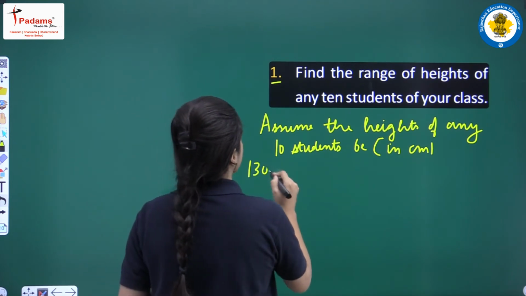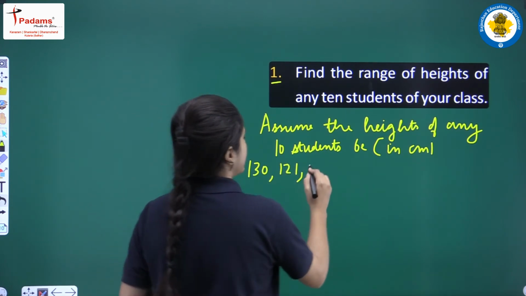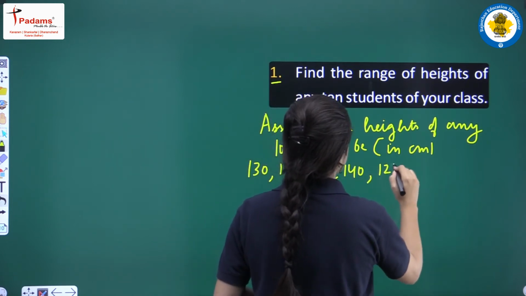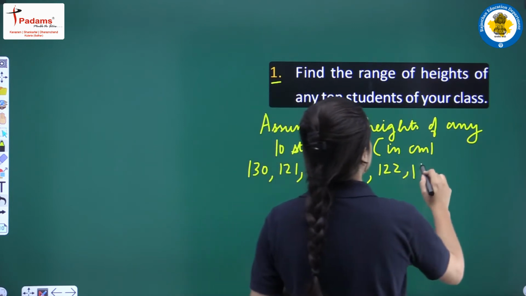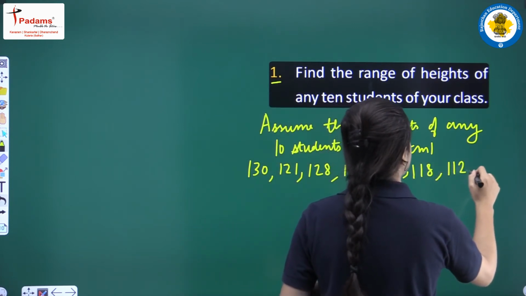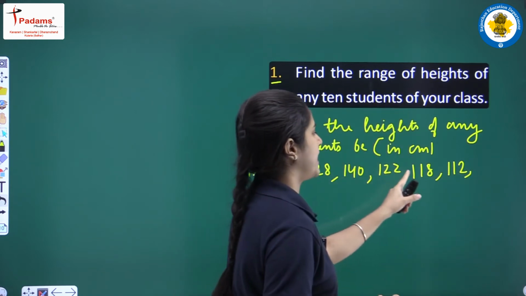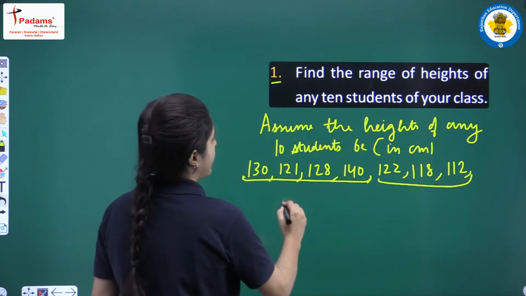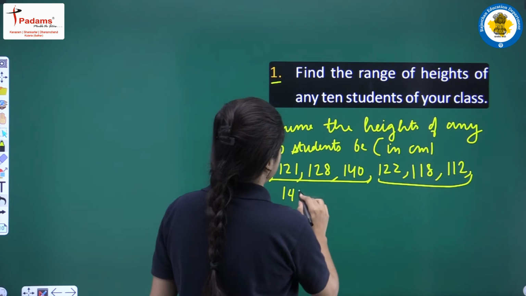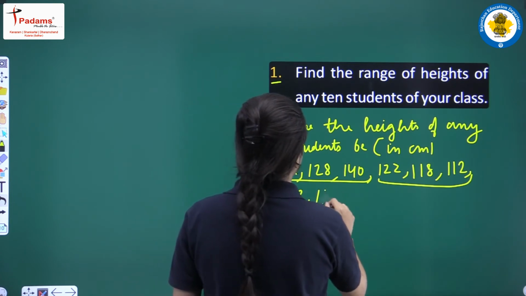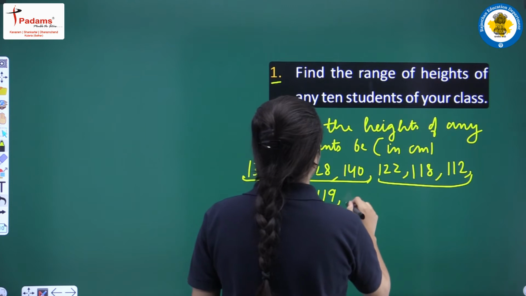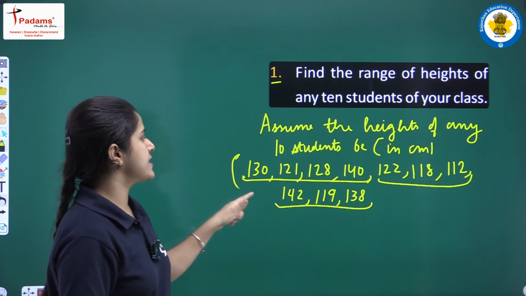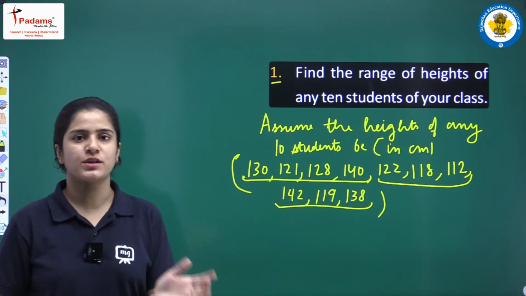Suppose 130, 121, 128, 140, 122 and 118, 112, and 3 more students. Let me assume 142, and 119 and 138. Students, this is the assumption of the heights of any 10 students of your class.